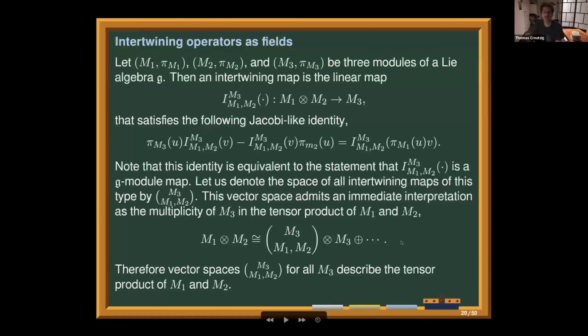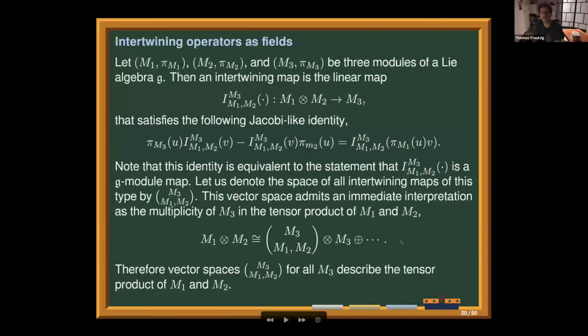Here, what looked quite simple on the previous slide is reformulated abstractly. Namely, we take in general a Lie algebra g and three modules. That means three vector spaces M1, M2, M3, on which the Lie algebra acts via the representation maps pi M1, pi M2, pi M3.